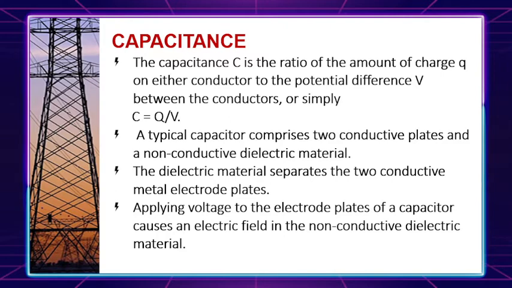A typical capacitor comprises two conductive plates and a non-conductive dielectric material, as I said before, and this material separates the two conductive plates. Applying voltage to the electrodes or plates of the capacitor causes an electric field in the dielectric material. That's how a capacitor stores electrical energy, by means of the two conductive plates with the help of a dielectric.